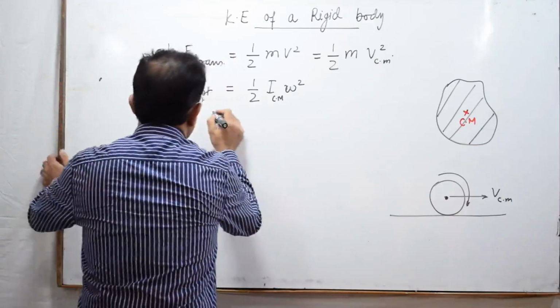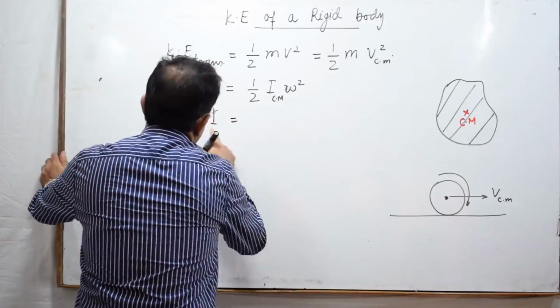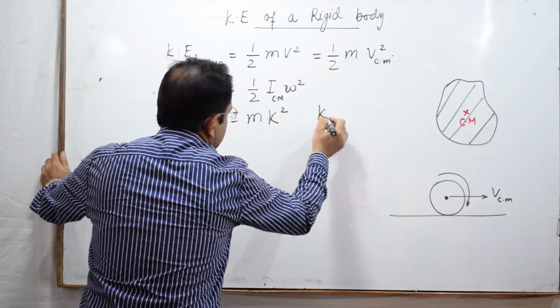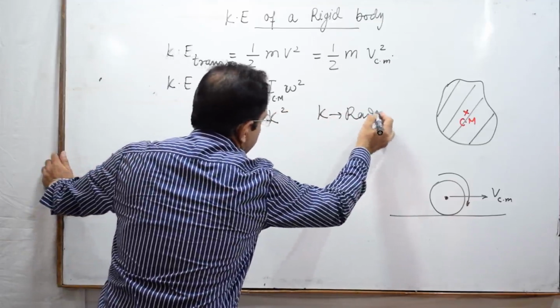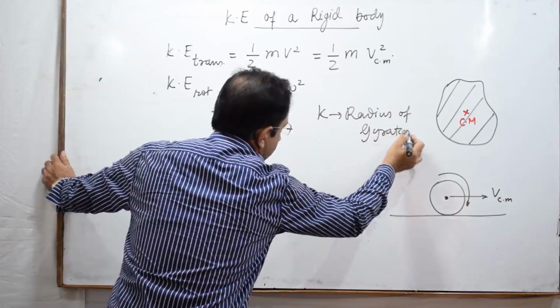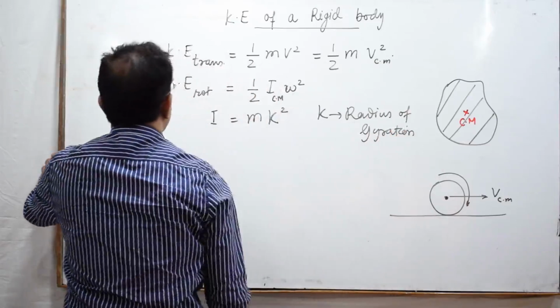Sometimes another expression which is of use to us is that moment of inertia is equal to m into k square. What is k here? K is radius of gyration of the rigid body, and we can use this expression to write the total kinetic energy now.